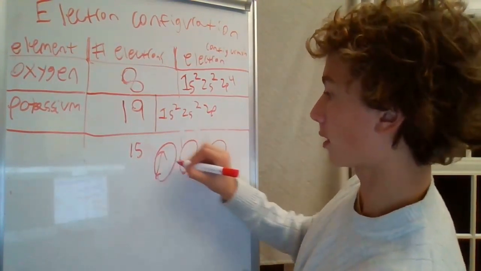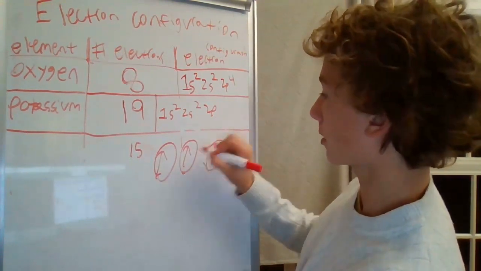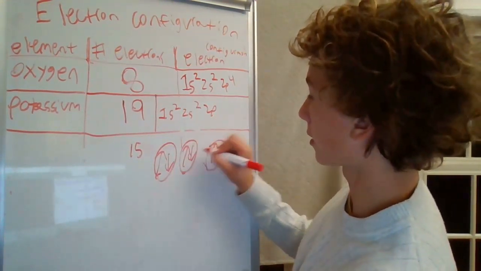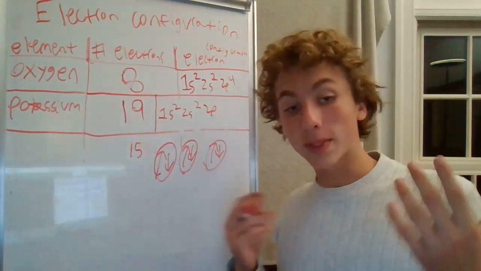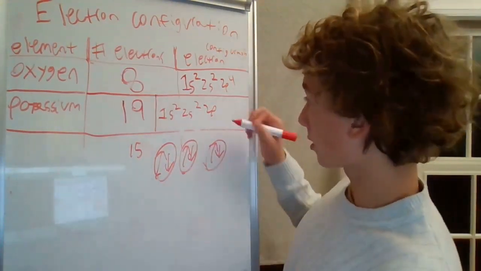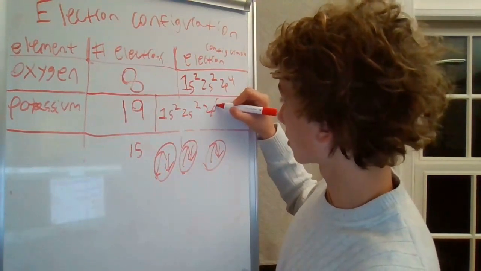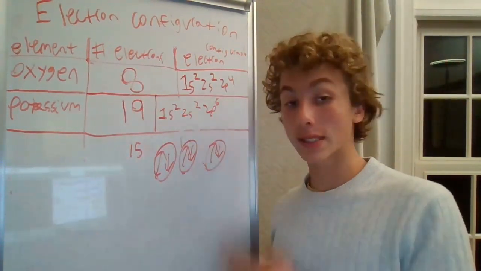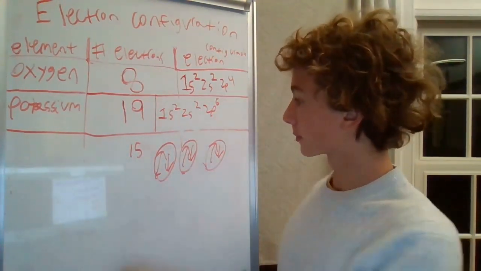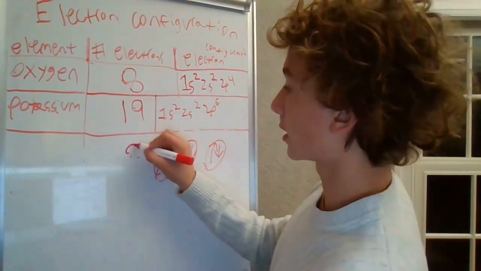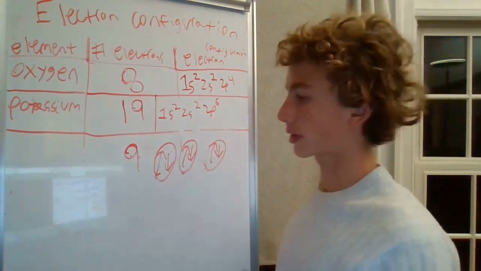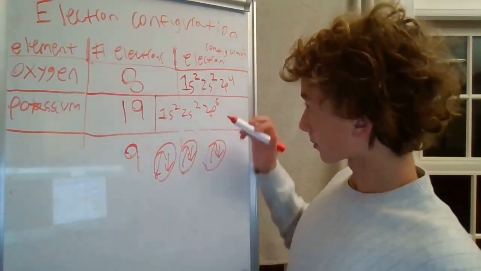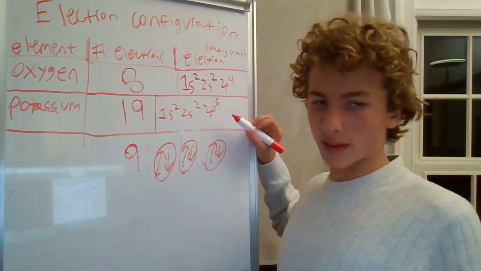So 1, gotta separate them, and then down, down, down. Meaning 1, 2, 3, 4, 5, 6. Meaning we now have 6 of these. So 2p6. Now at this point, we have only 9 to go. Let me make sure. 6, 7, 8, 9, 10. Perfect. Now, I'm going to start writing a little small.